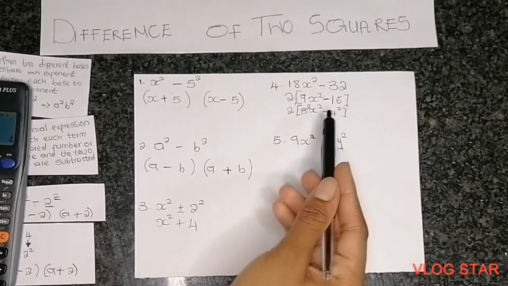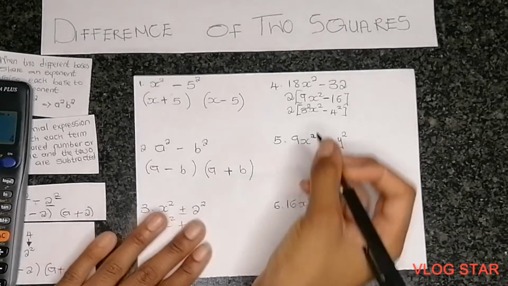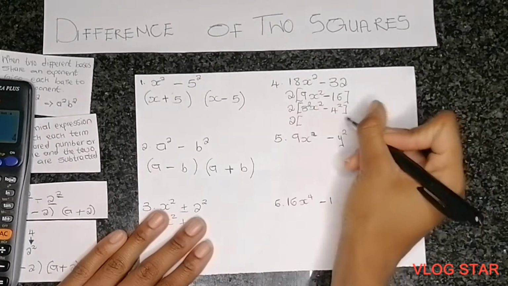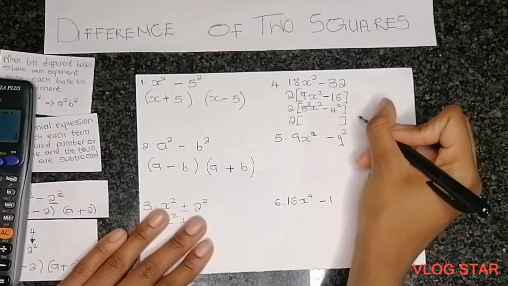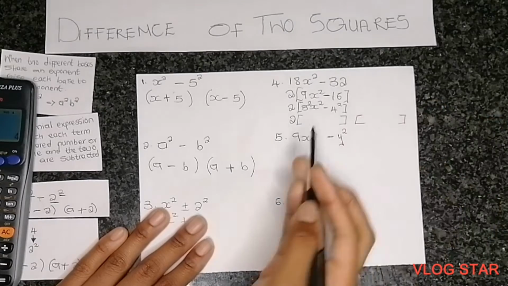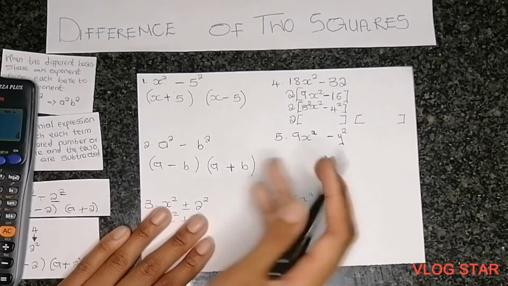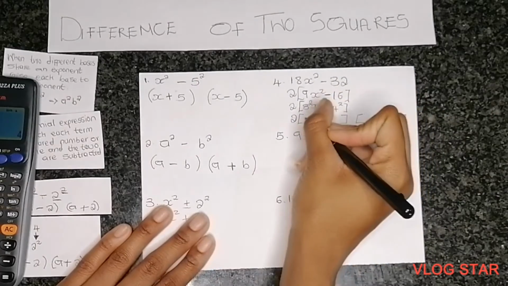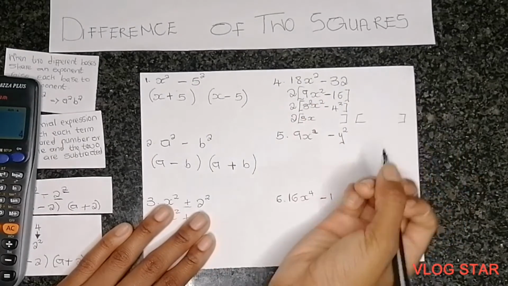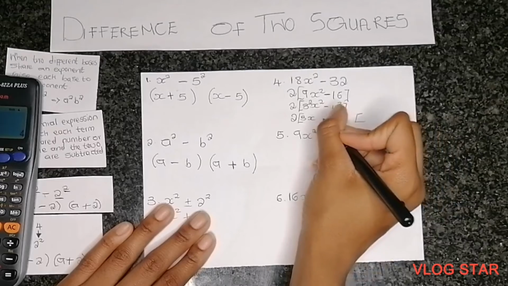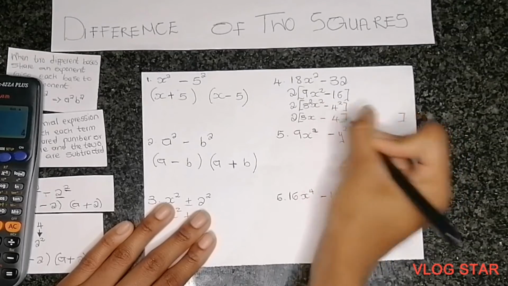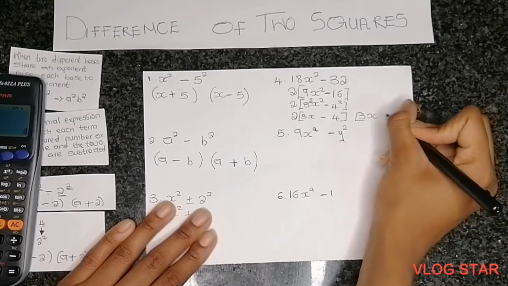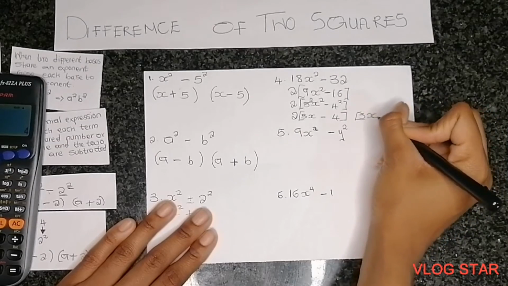So when looking at this, you're going to apply the method of difference of two squares. You're going to put down your 2, you're not leaving it behind, and then open two brackets. Write down these terms without the exponent 2, without the squared, meaning that you're going to write your 3x, and then in this first bracket you may write a minus sign, and then in the second bracket you write your positive sign.